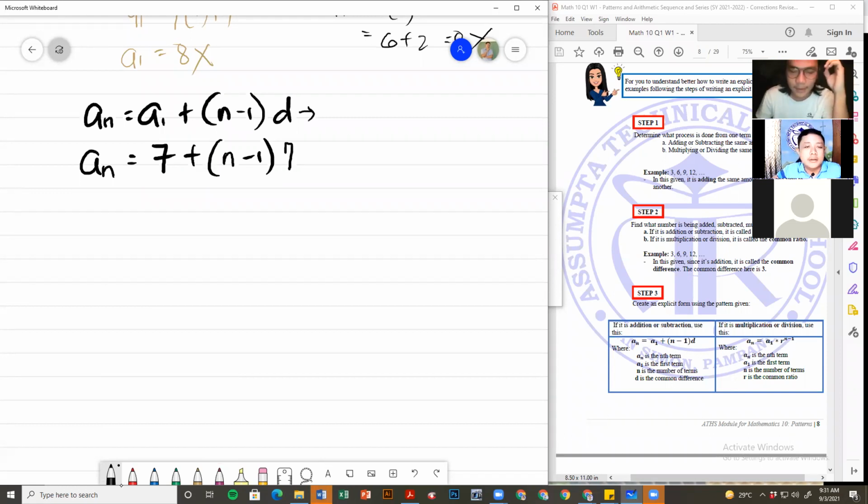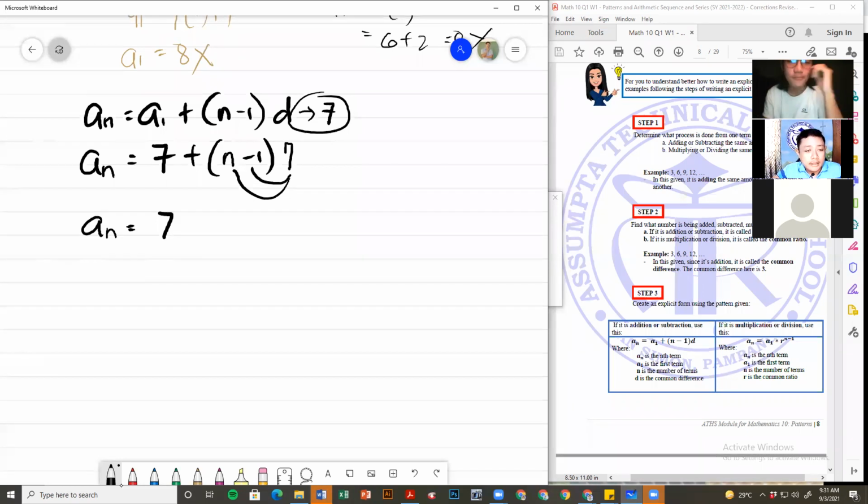Then the difference is distributed to n minus 1. So the answer there is 7n minus 7. 7 plus 7n minus 7. Right? Then combine like terms.